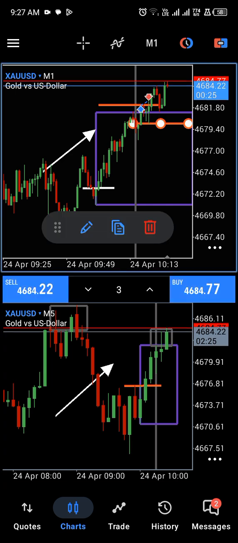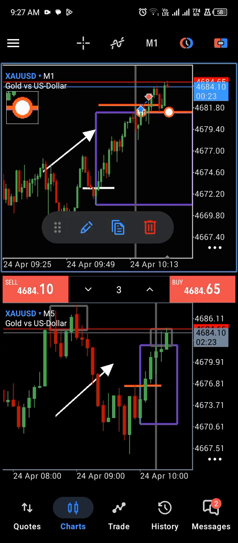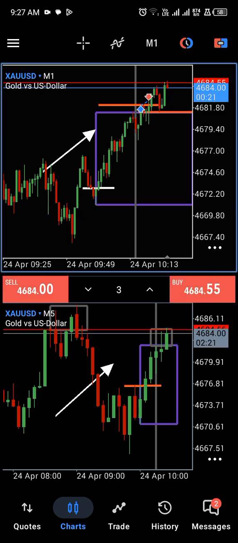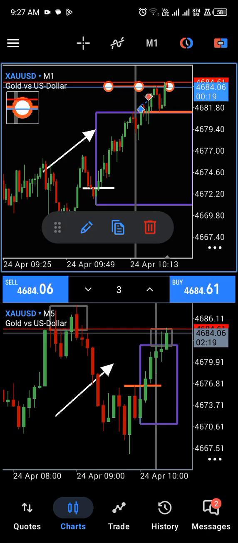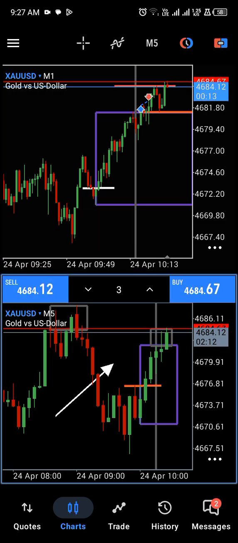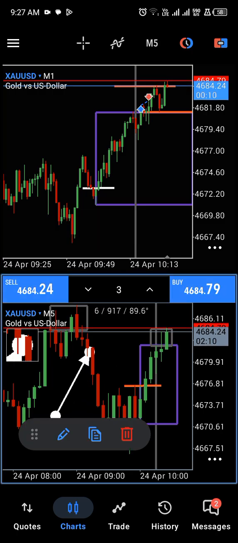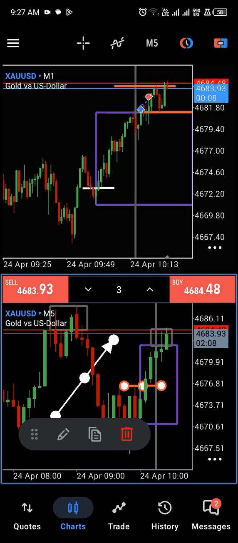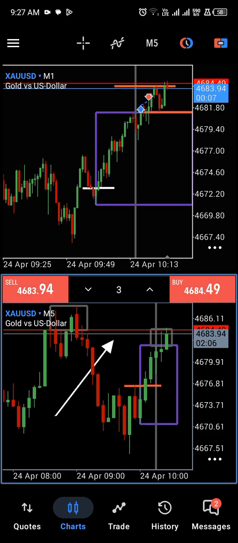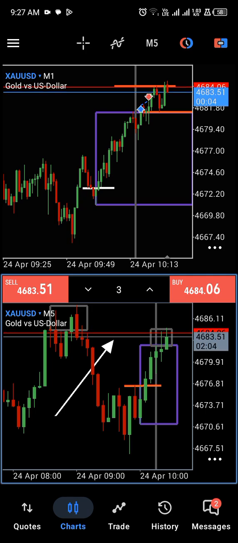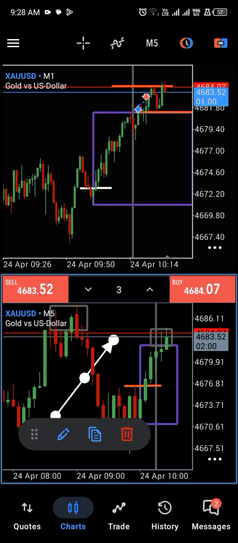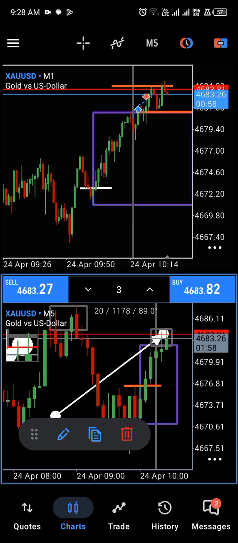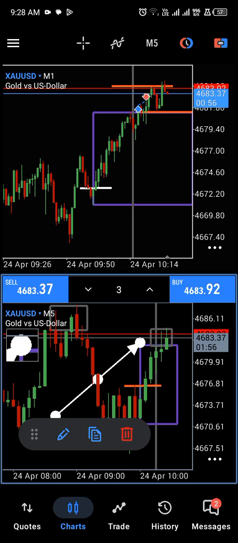So I will also readjust this line like this, and also this one like this. So if this can be a second rejection here on the 5 minutes time frame, that would be very, very, very interesting.